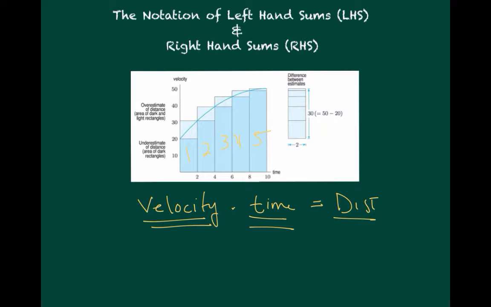We could use the velocity on the left-hand side of each one of these rectangles, or what they call each subinterval, and that would be known as a left-hand sum. Or we could use the height at the right-hand side of each of these rectangles, and that would be known as the right-hand sum.